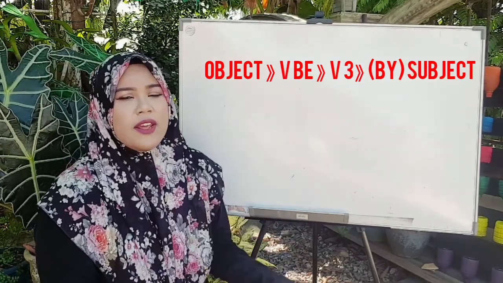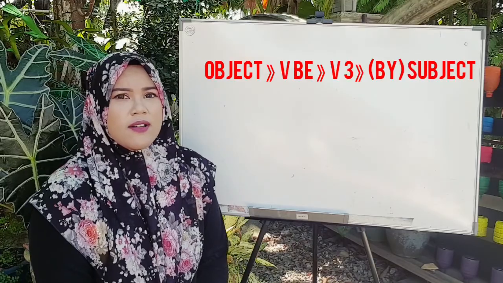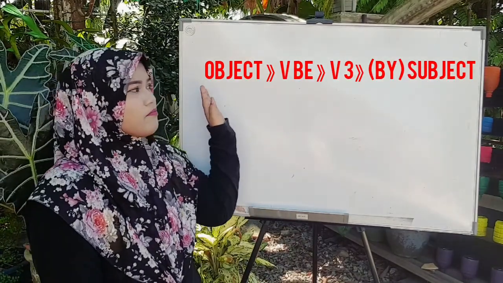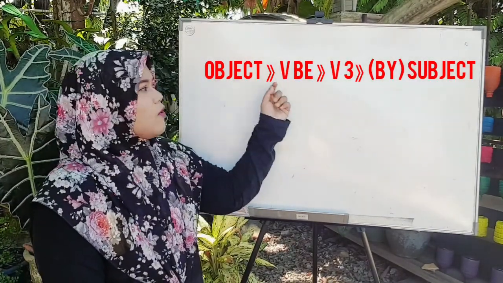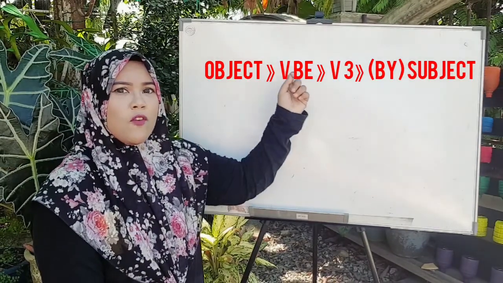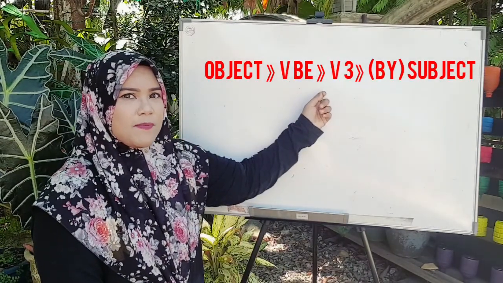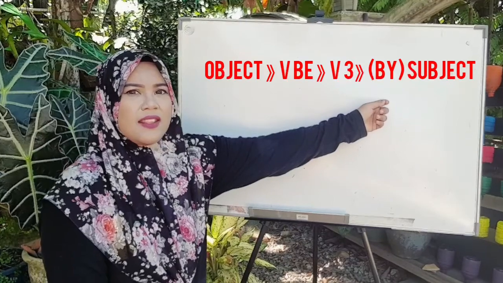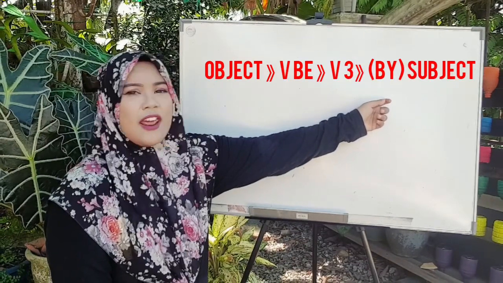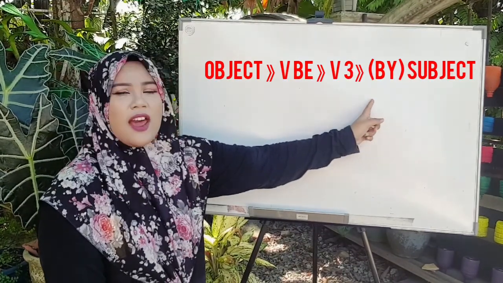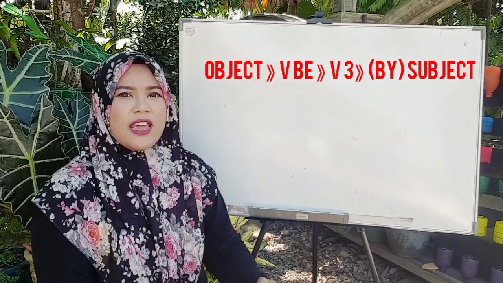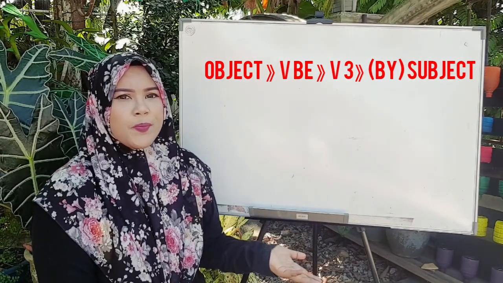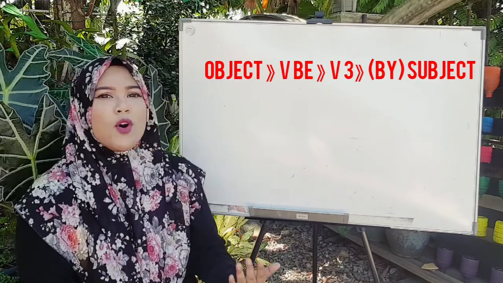Nak tulis boleh, tak nak tulis pun boleh juga. Okay, so again, object followed by verb to be, followed by verb in past participle, and the subject behind at the end of the sentence. Okay, you can use by if you want to say oleh siapa.